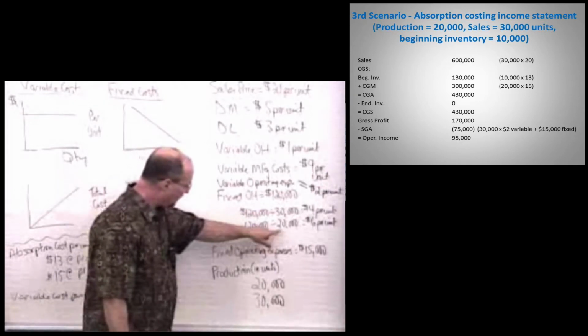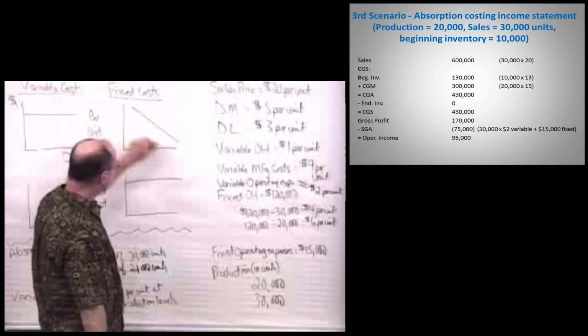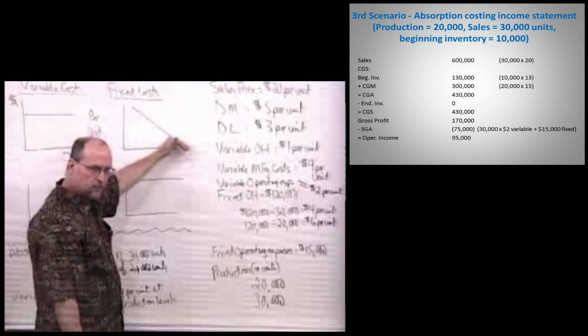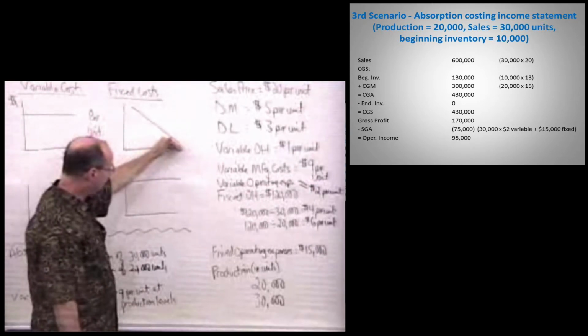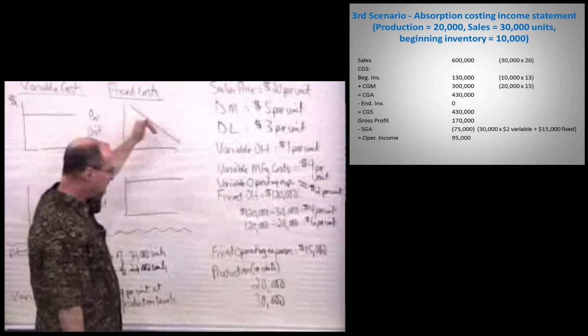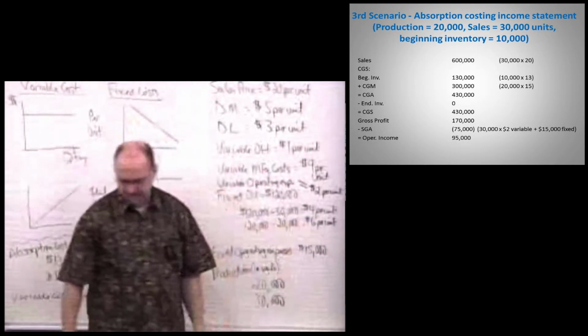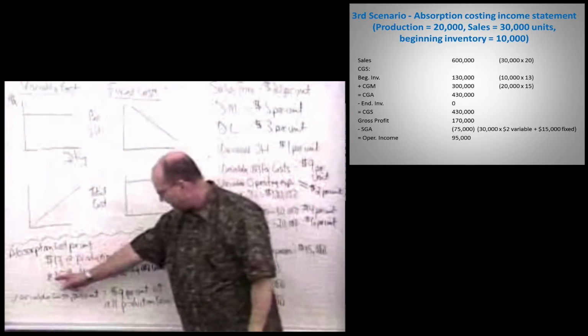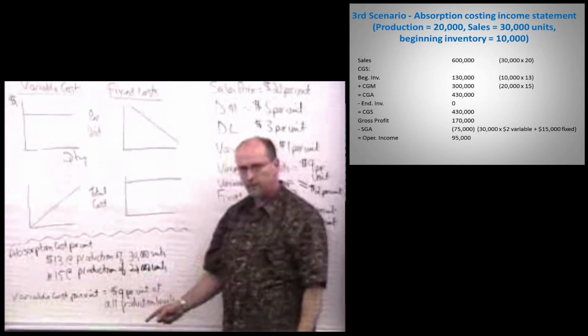So 120 divided by 20 is $6 per unit. And again, remember, fixed cost on a per unit basis. As we produce more, the cost per unit goes down. If we produce less, the cost per unit goes up. 9 plus 6, my cost per unit under absorption costing is $15 per unit.